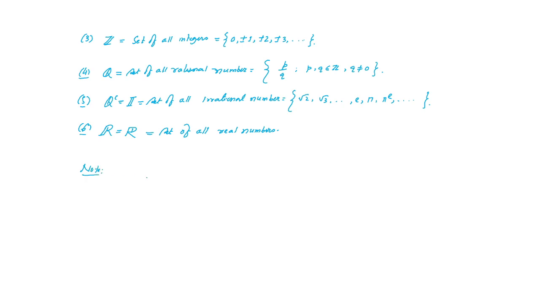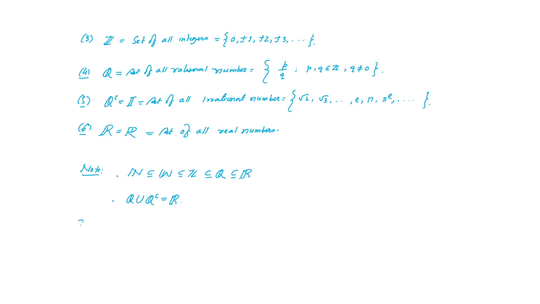After some time, when we give the concept of subset and union, at that time you will see the set of natural numbers is a subset of the set of whole numbers. The set of whole numbers is a subset of the set of integers. The set of integers is a subset of the set of rational numbers. The set of rational numbers is a subset of the set of real numbers. And you will see the set of rational numbers union the set of irrational numbers is basically the set of real numbers.